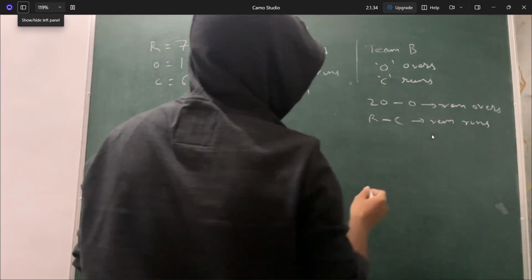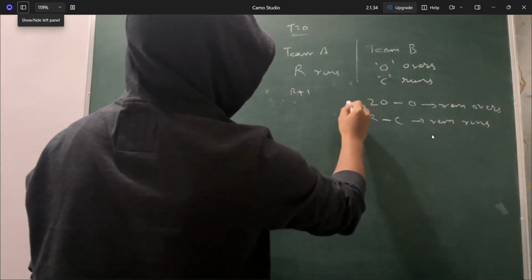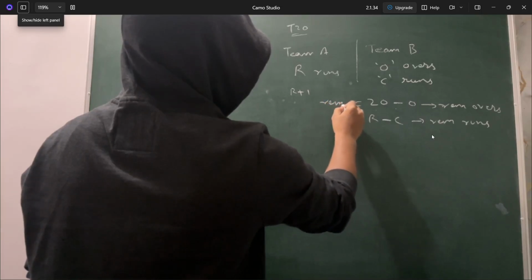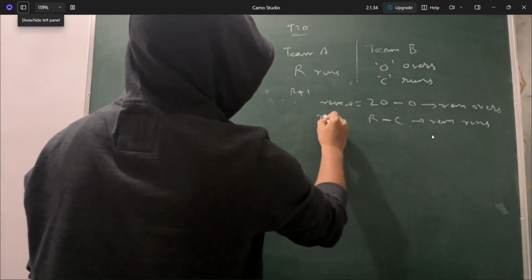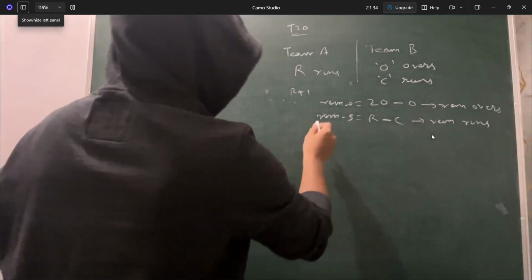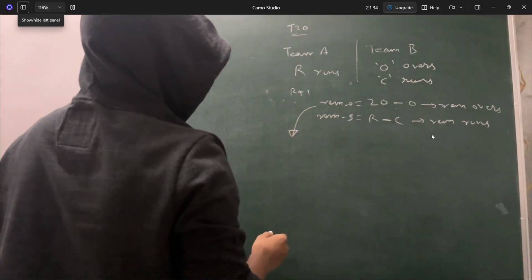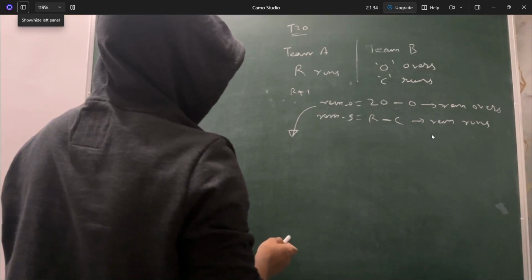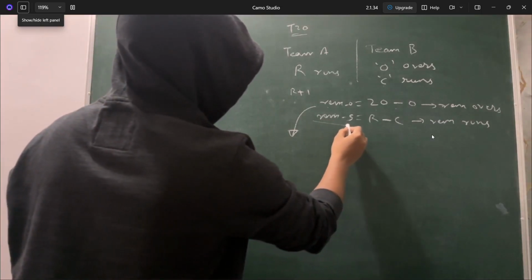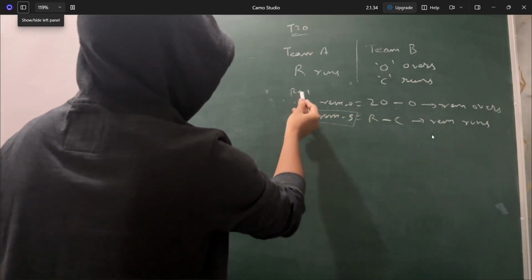In these 20 minus O overs, let me call it remaining overs. And this is the remaining score, let me write it as S. In the remaining overs they need to score runs strictly greater than R minus C, that is S. Why strictly greater? Because in order to win they have to score R plus 1.